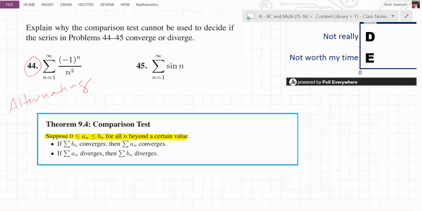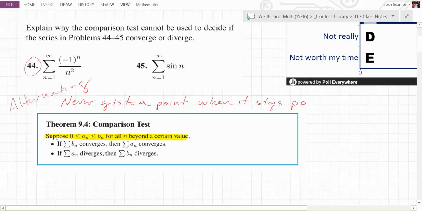Does this thing stay positive? No, it doesn't. It never gets to a point where it stays positive. Does that make sense, everybody?